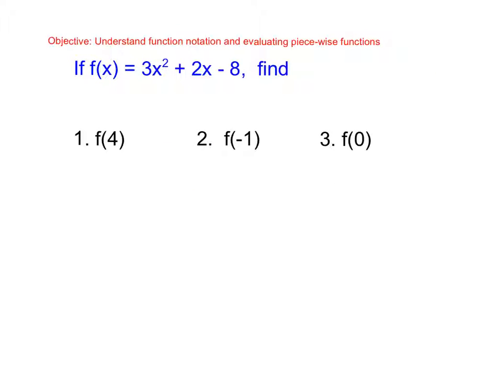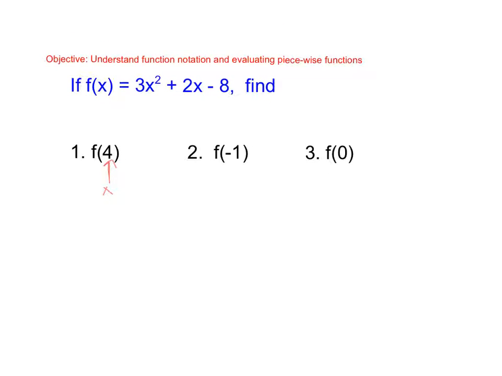All right, so if we have f of x is 3x squared plus 2x minus 8, find f of 4. This is where your x typically goes, so we're just going to plug in 4 for x. 3 times 4 squared plus 2 times 4 minus 8.